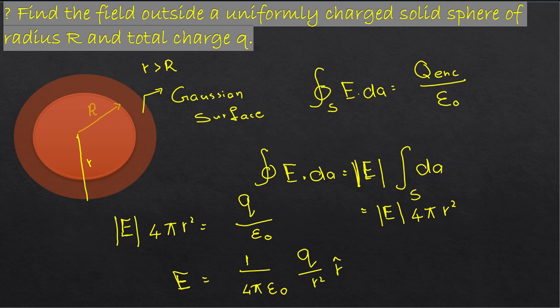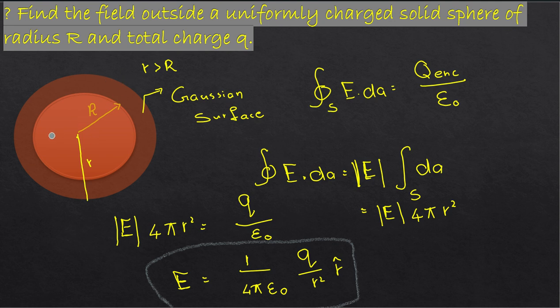This is the electric field due to the sphere outside that sphere. We can see that this is just the electric field due to a point charge as per Coulomb's law.